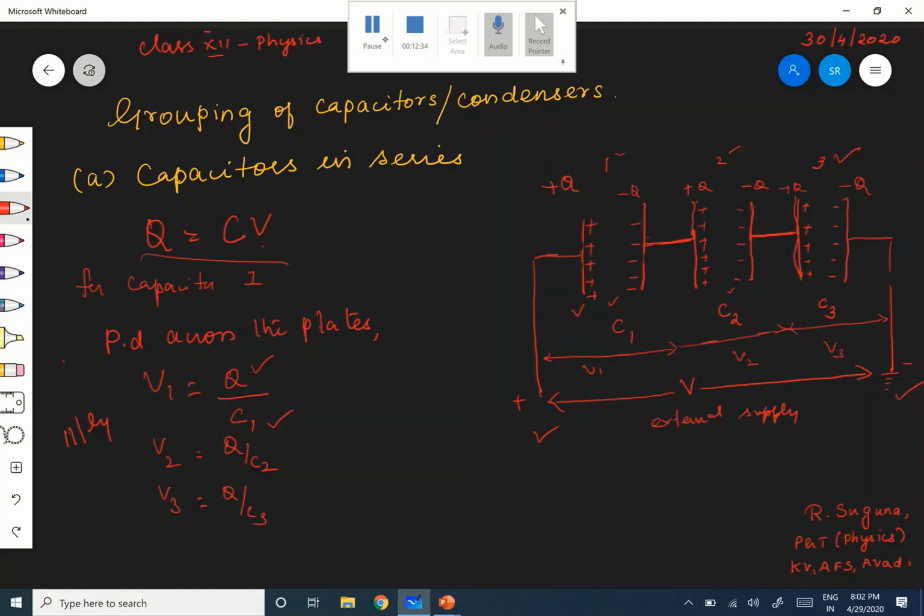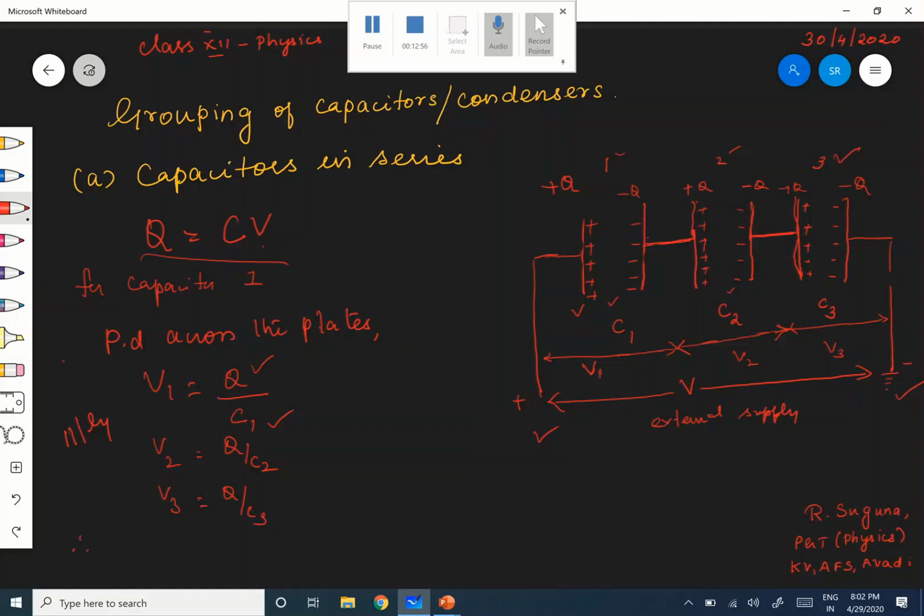V1, V2, V3 are the potential drops across capacitor 1, capacitor 2 and capacitor 3. And the total potential drop across all the capacitors is V. Is it clear?